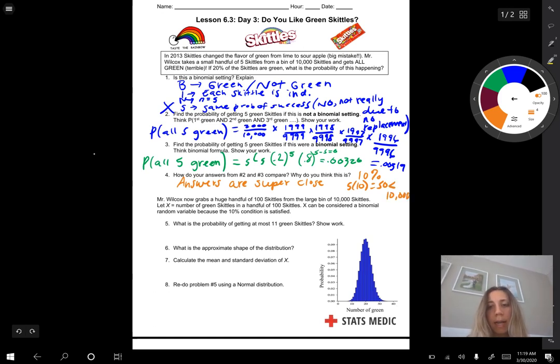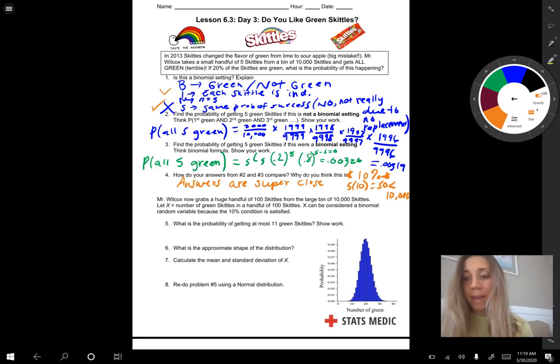So our 10% condition checks out here, which allows us to check off that independence condition, thus saying that the probability of success is basically the same, because even if we took out one of the Skittles, it's not really changing the probability of green from time to time.